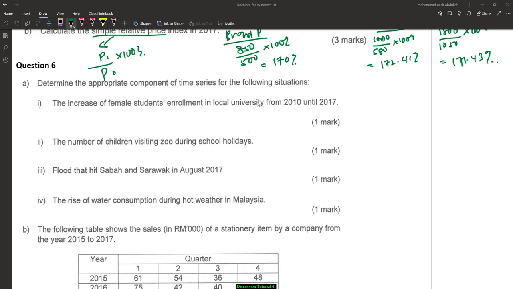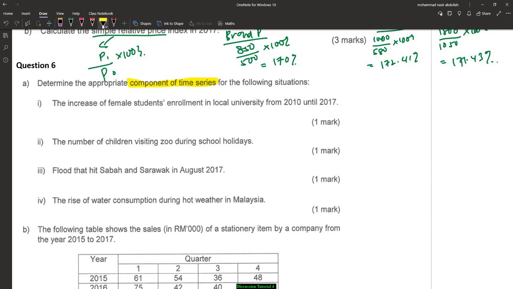So what is this? Dia kata komponen kan? Komponen kita ada 4 saja dalam time series. TSCI. Trend, seasonal, cyclical, irregular. So we need to understand trend is a long-term movement, either increase or decrease. Seasonal is a short-term movement, dia akan occur balik within 1 year.